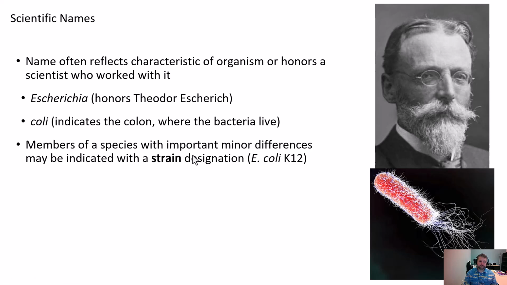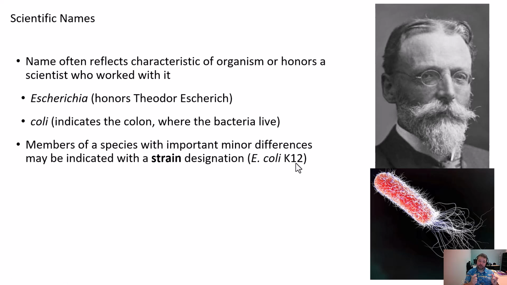Okay? A couple other things, like I just mentioned before, especially with bacteria, you're going to see that they often have a strain or type designation, which sometimes is based on the plasmids within the bacteria.